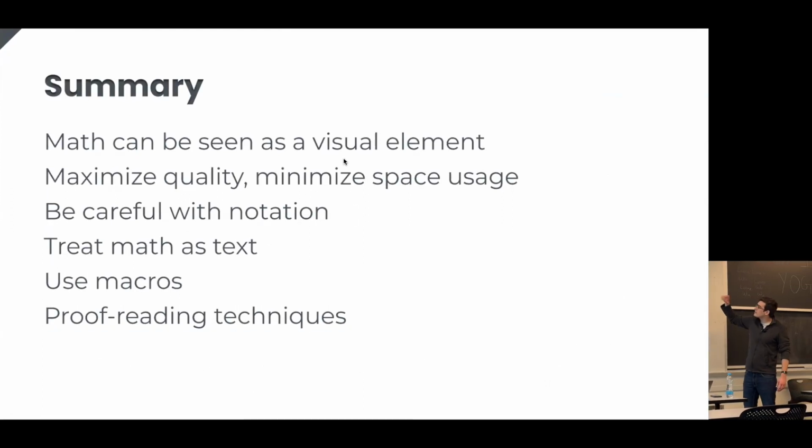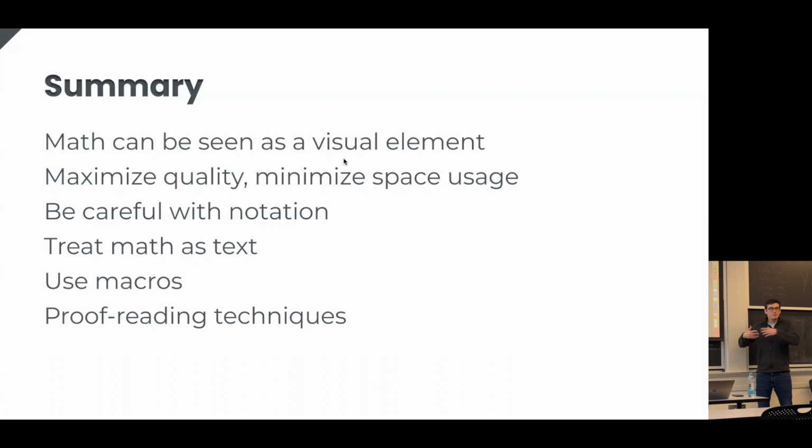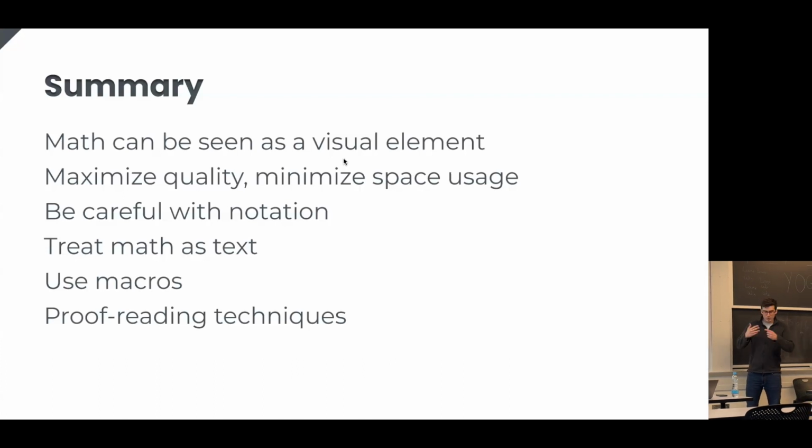So just summarizing, one interesting idea is trying to see math as another visual element, just like a figure or text or a footnote, in that it has a particular set of characteristics in terms of what information it can convey and how.